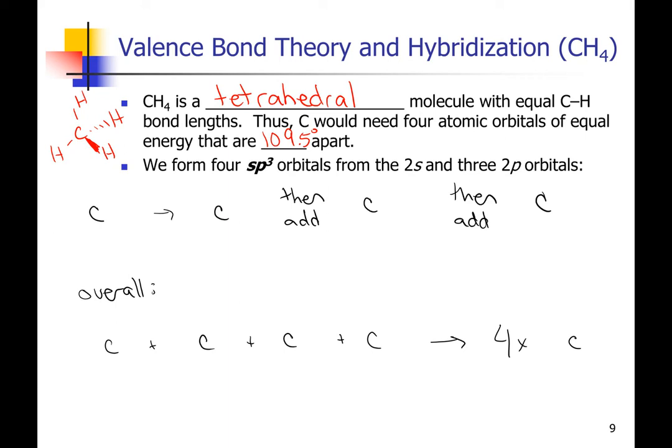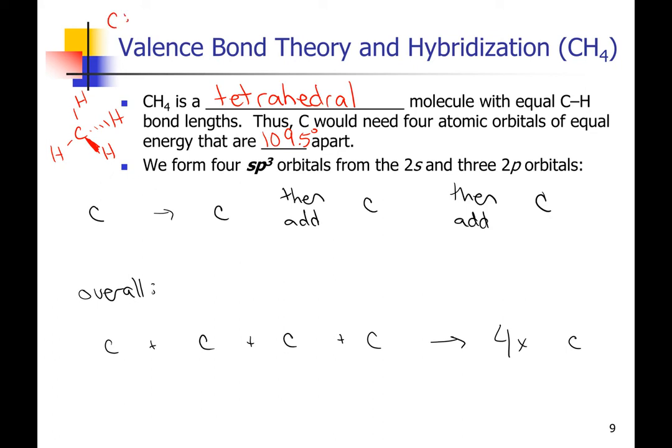There aren't atomic orbitals on that carbon atom that can be used to justify 109 or 109.5 degree bond angles. In order to do that, we have to take the atomic orbitals and recombine them to make hybrid atomic orbitals that will have that angle between the directions in which they're pointing. So what we're going to do this time is take all 3 2p orbitals and combine them with the 2s orbital.